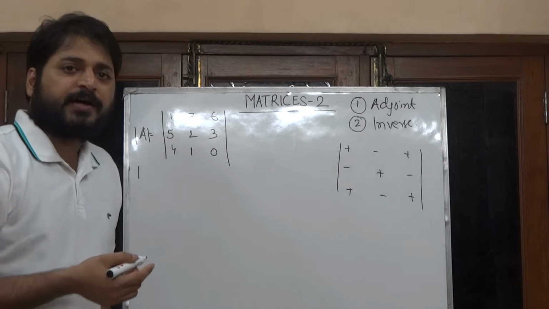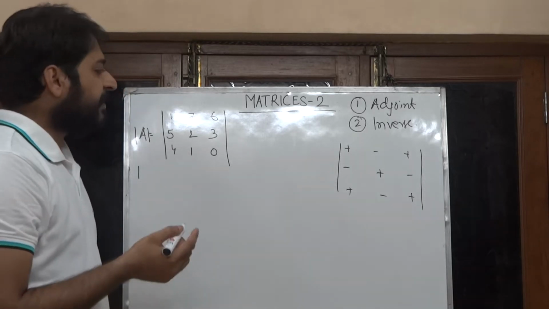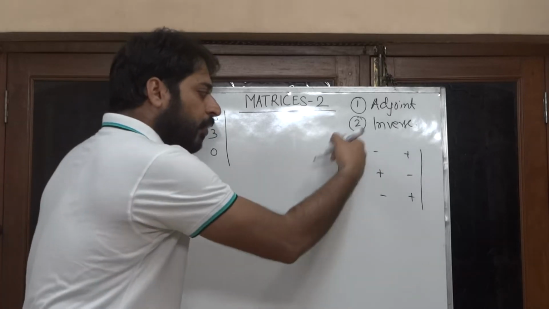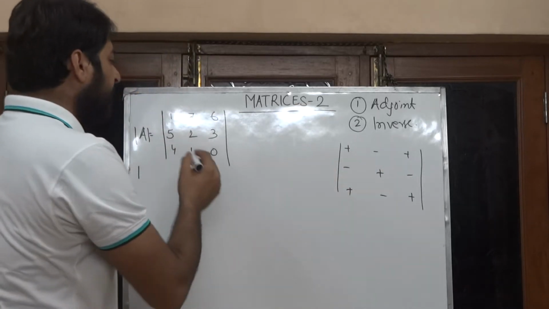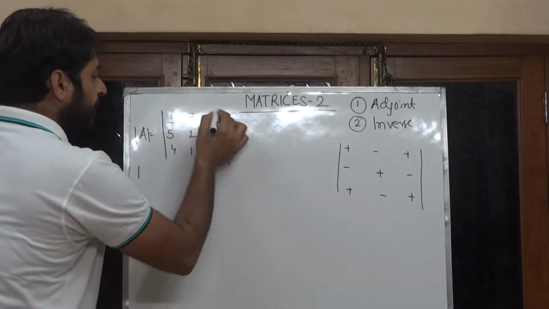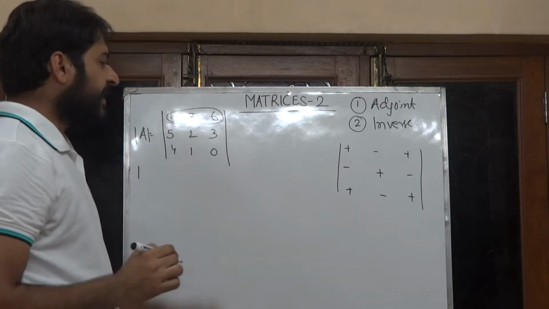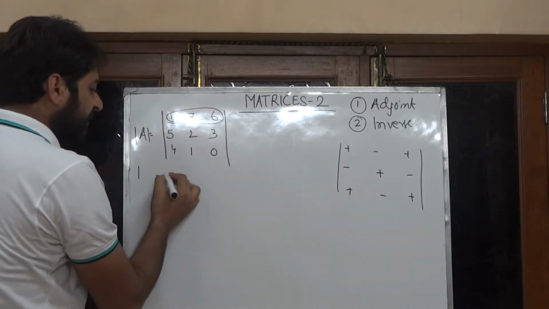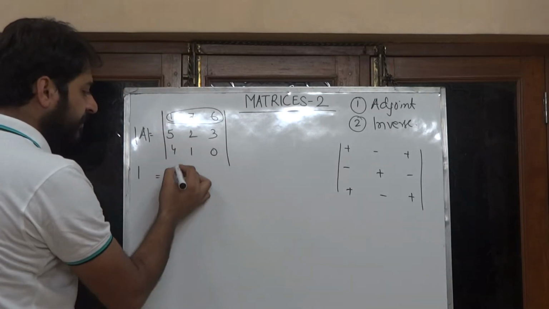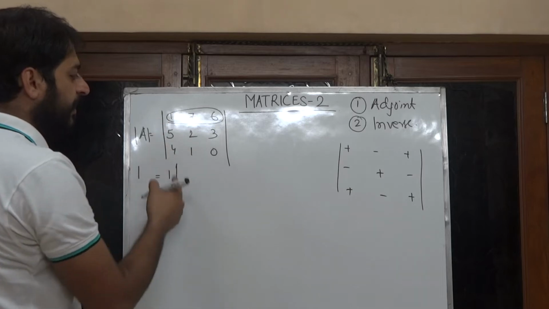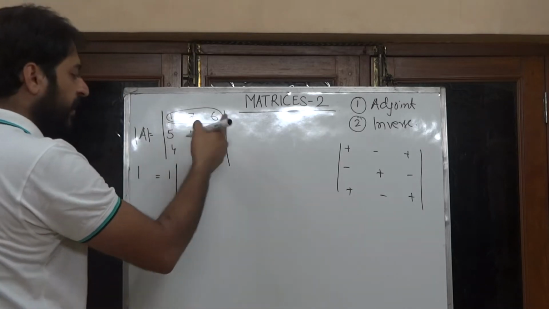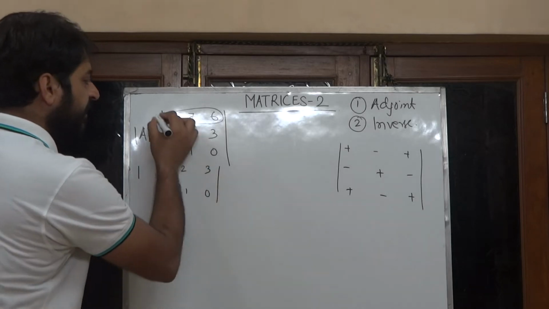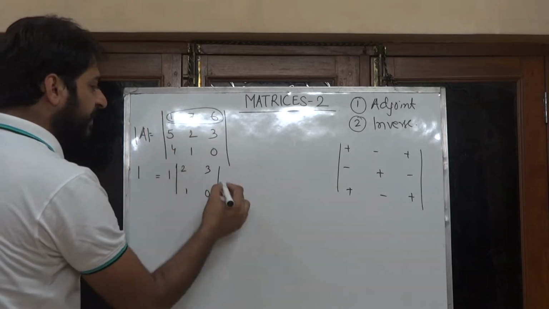For convenience, I would advise that we always prefer either row 1 or column 1. So if I expand along row 1, the value will be 1 times, if I delete the column and the row containing 1, whatever I am left with: 2, 3, 1, 0.